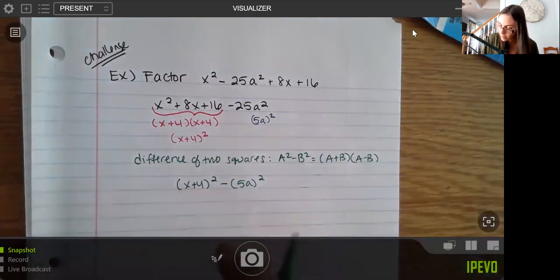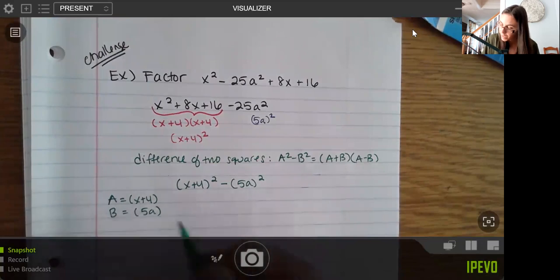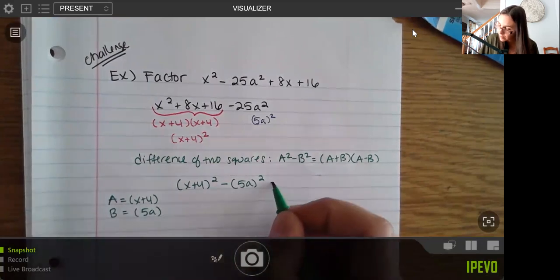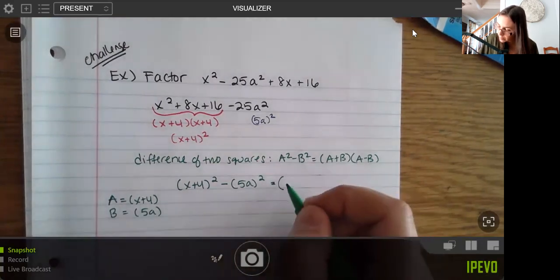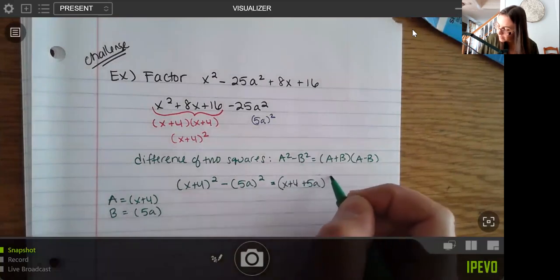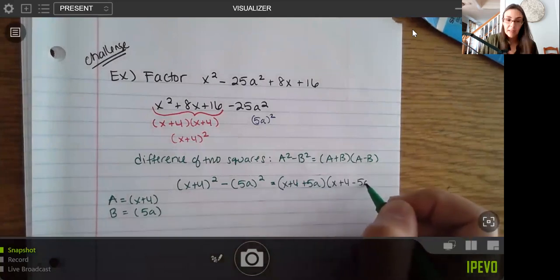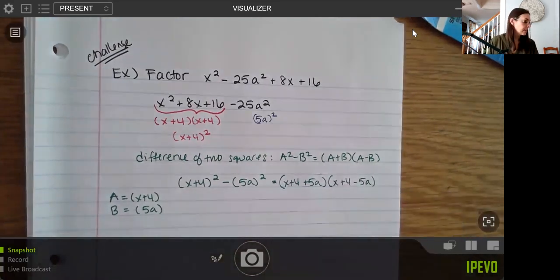Our a here happens to be x plus 4, and our b here happens to be 5a. So when I factor this, it's going to be x plus 4 plus 5a, and then x plus 4 minus 5a as my factorization.